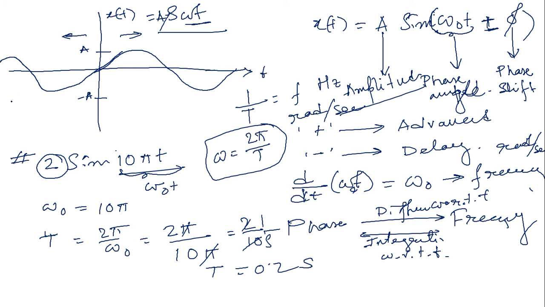Say the examiner will ask you 2 cos of 20 pi t plus pi by 4. Plus means advanced, the phase is shifted by pi by 4. But the phase shifting and the periodicity: if I move this sinusoidal waveform to the left side or to the right side, that is not having any impact on the distance, because the period is from this to this, or from here to here.